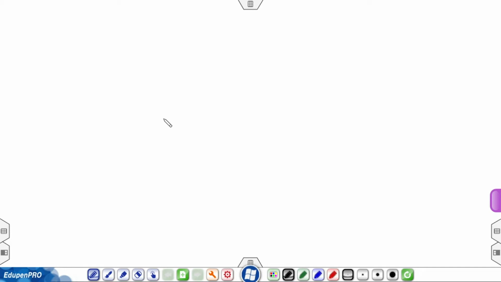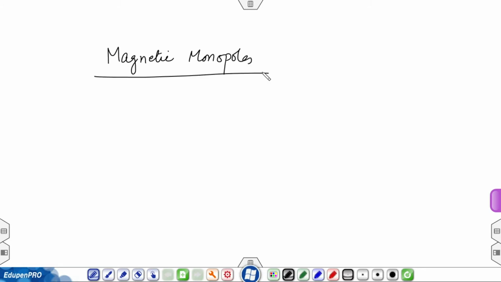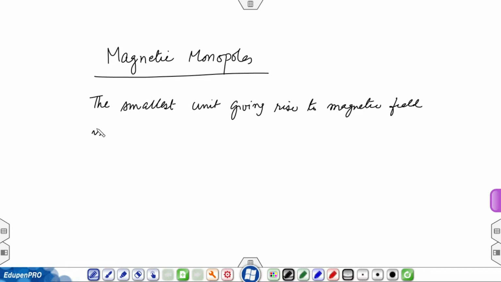Today's lecture is exploring magnetic monopoles. You see, so far we have discussed magnetic field arising out of a current or a solenoid, and what we have said is that the smallest unit giving rise to magnetic field is a dipole.